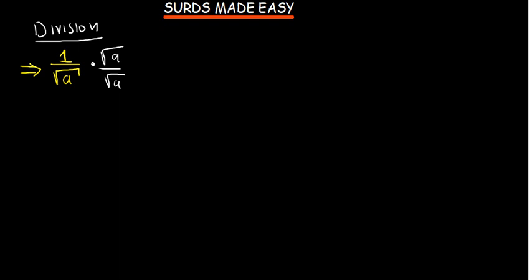If you do that, what you're going to see is 1 times square root of a gives you square root of a. And then down, square root of a times square root of a, what are we going to get? Is that not going to give us an a?